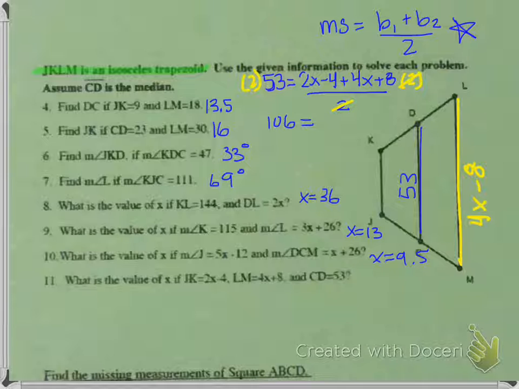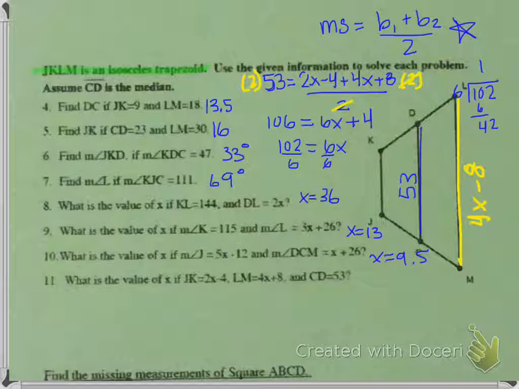So 2x plus 4x is 6x, and negative 4 plus 8 is positive 4. I'm going to go ahead and subtract 4, so I get 102 equals 6x, and then I'm going to divide by 6. Okay, when I take 102 and divide it by 6, that goes in 1 time, and that goes in 7 times. So I'm getting 17. So my x value is going to be 17 for that one.